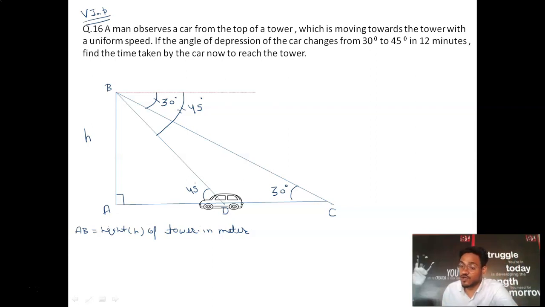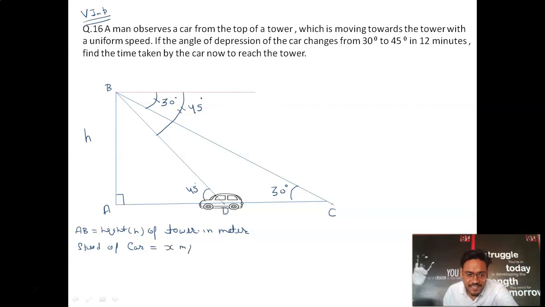If I assume the uniform speed of the car as S or U, whatever you want, let me assume the speed of the car as x meter per minute.